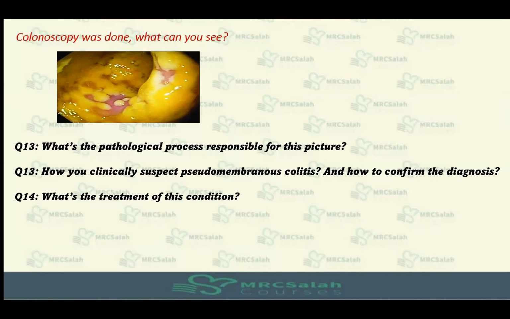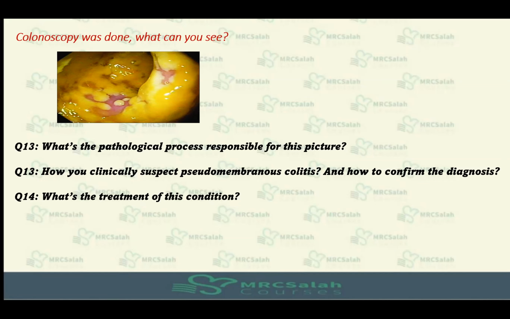Can you tell me what's the pathological process responsible for this picture? It's usually associated with using broad-spectrum antibiotics, especially with hospital admission. Using antibiotics regularly kills the normal bacterial flora. This gives a chance for Clostridium difficile colonization, causing disruption of bowel flora.